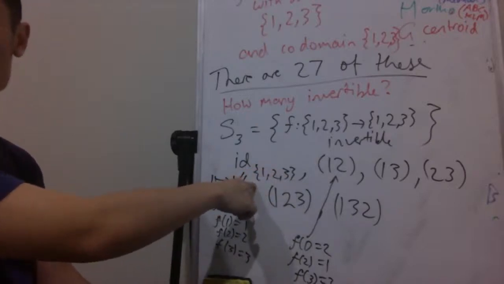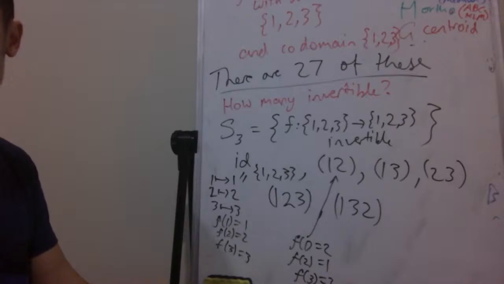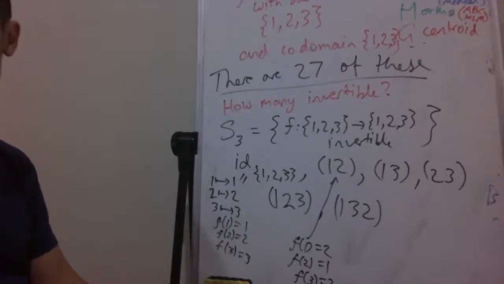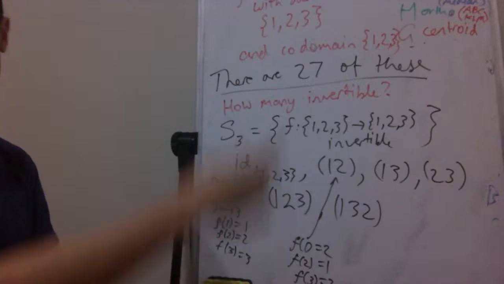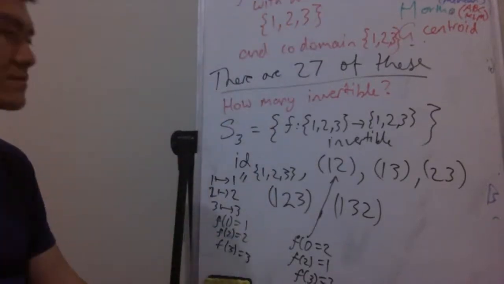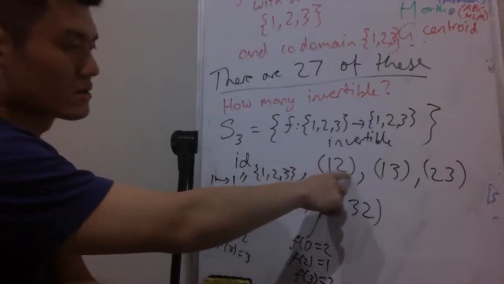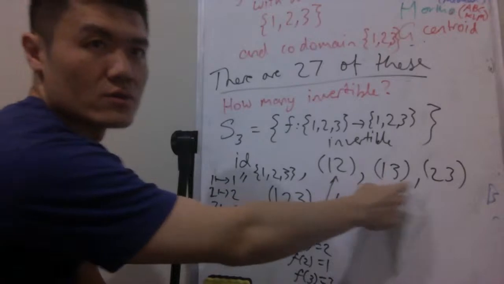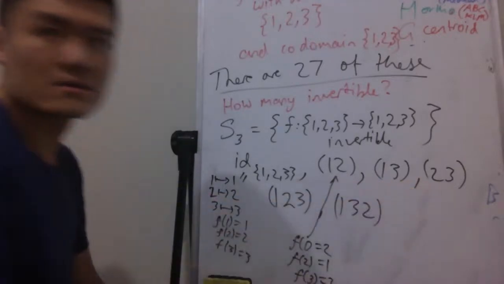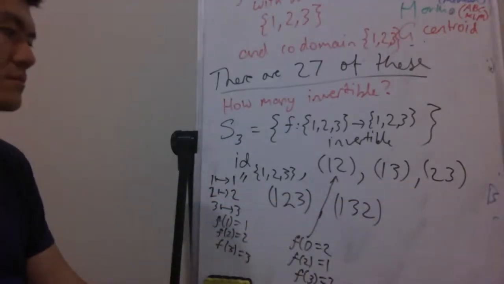There's only 3. If you fix 2 of them and the other one went to one of them, then the next one wouldn't come back. So it can't fix 2 points, but it can fix 1 point, and that's these ones. So this one fixes 3, this one fixes 2, and this one fixes 1. That makes sense? Okay.